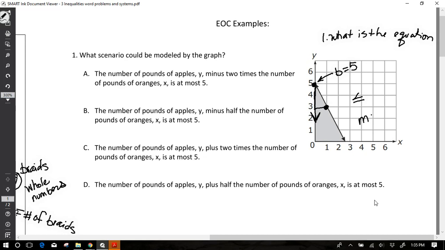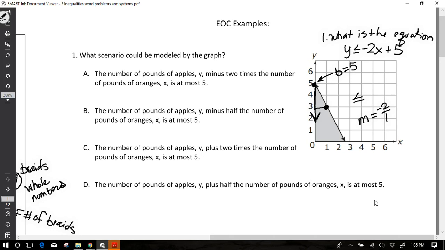So my slope is negative 2 over 1. All right. So the equation that I would have for this is y is less than or equal to negative 2x plus 5. So that's what I want to keep in mind when I start translating all of these scenarios over here.